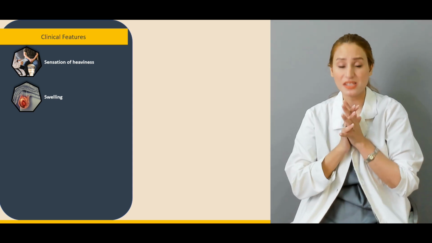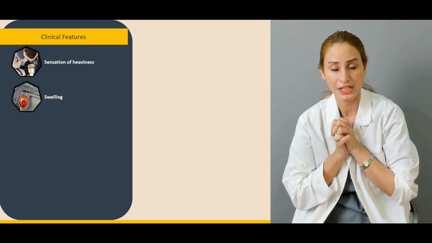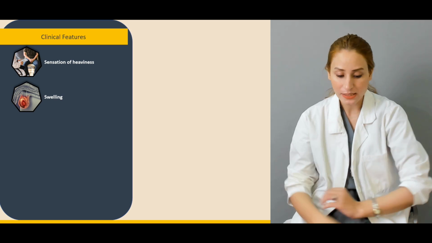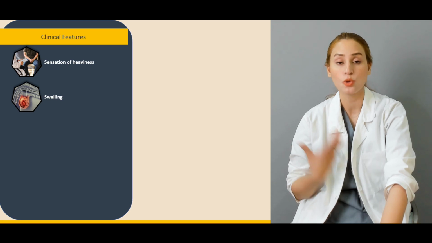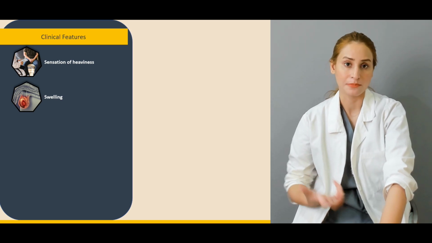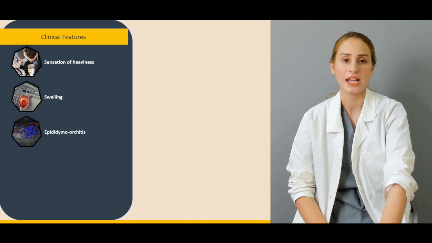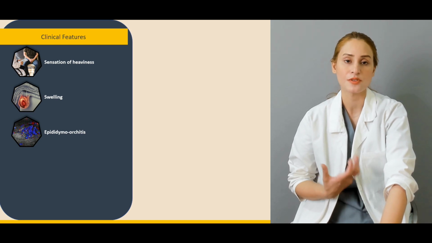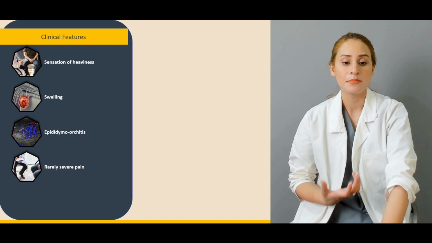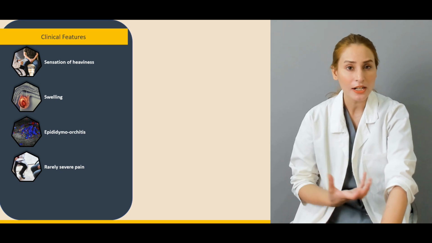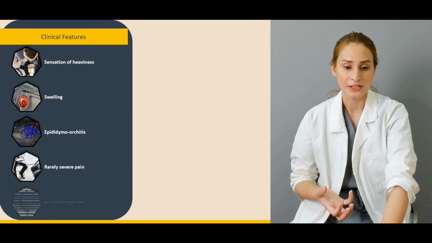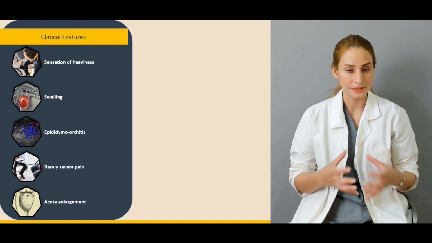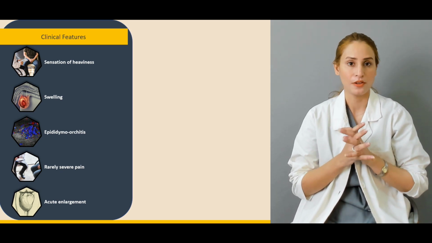Most particularly the swelling is painless. But sometimes when there's a hemorrhage into the tumor, the patient can present to you with pain, and the pain is just like the torsion of the testes, quite disproportionate and unbearable. There can be secondarily epididymo-orchitis or secondarily hydrocele as well, or there can be an acute enlargement of the testis.